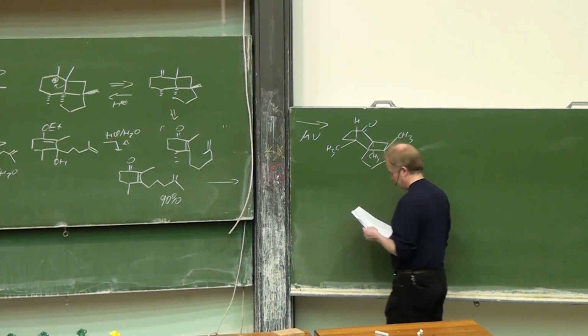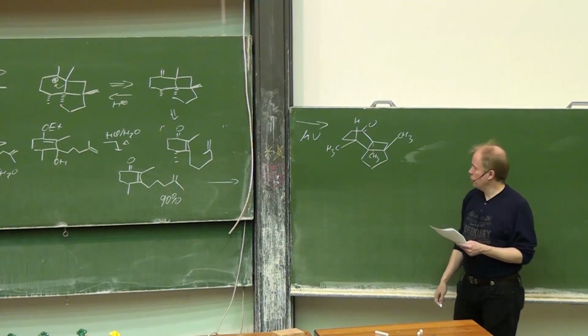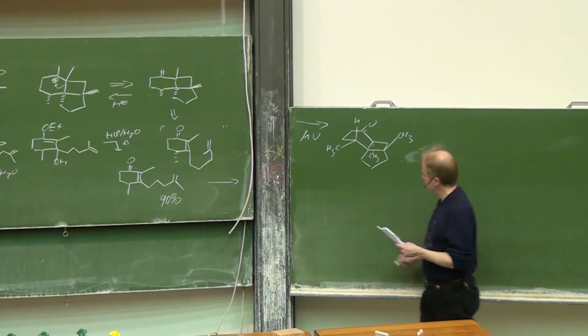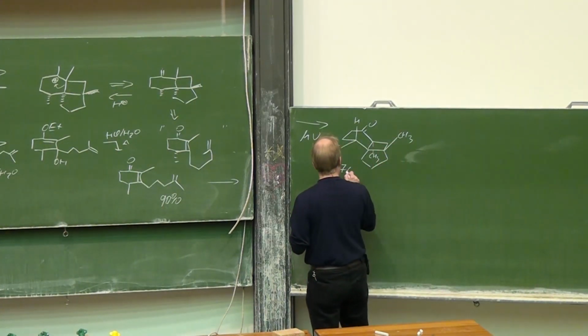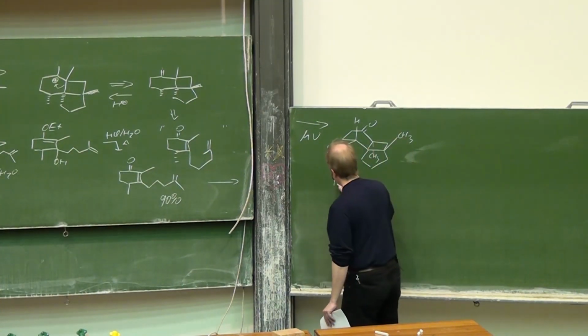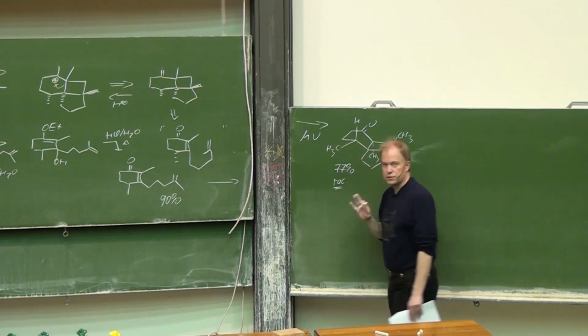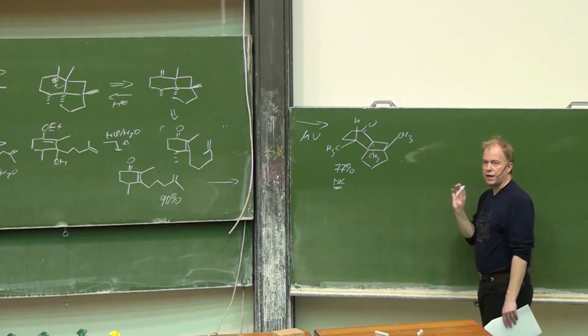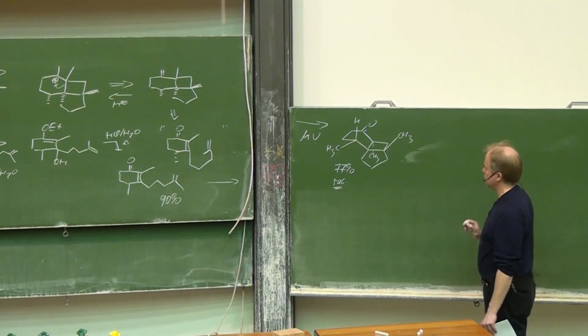Highly diastereoselective, 77% yield of that, of course. This is a racemic synthesis, but highly diastereoselective.